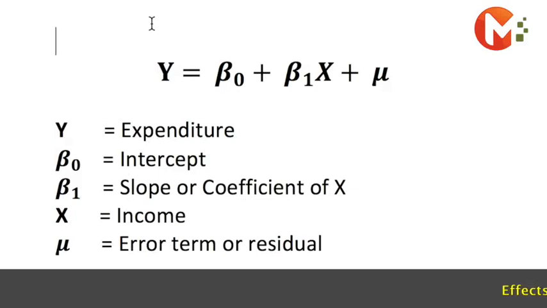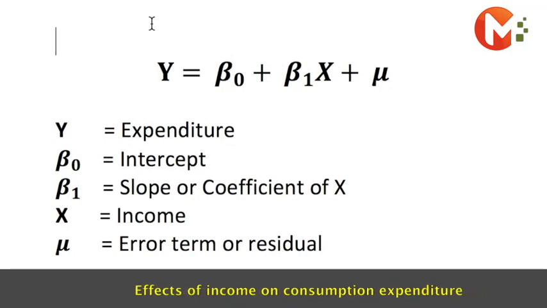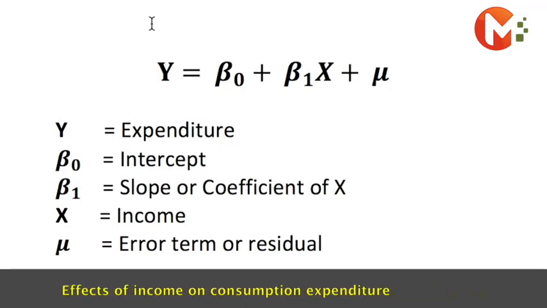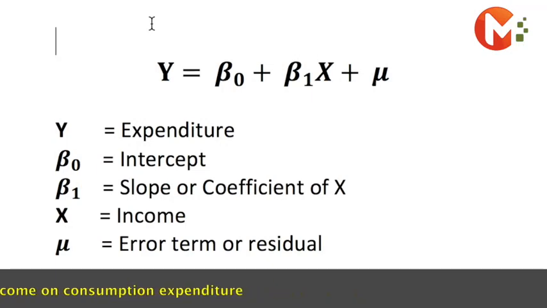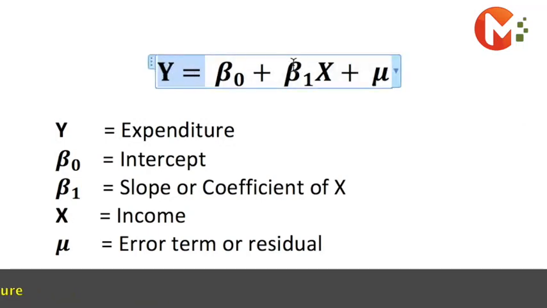In our last video, we learned how to develop an econometric model when we wanted to find out the effect of income on consumption expenditure. Our econometric model was a two-variable model consisting of expenditure and income.